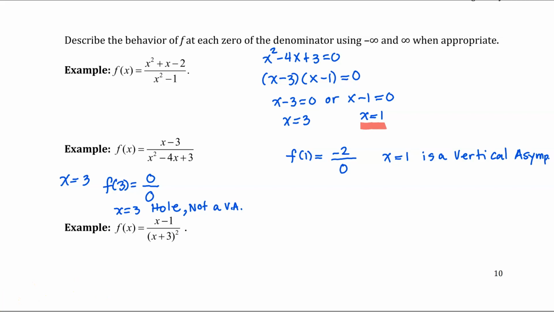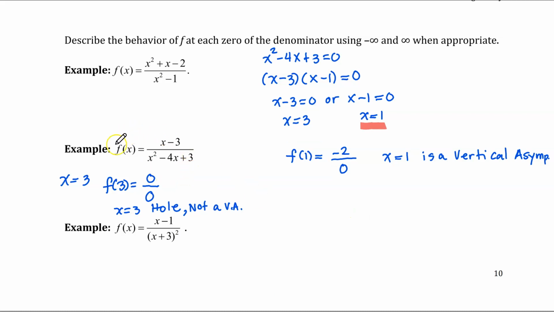To determine whether the limit is approaching positive or negative infinity, we look at the limit at the right side of 1 and at the left side of 1. That means we will compute the left-hand limit and the right-hand limit at x equals 1.